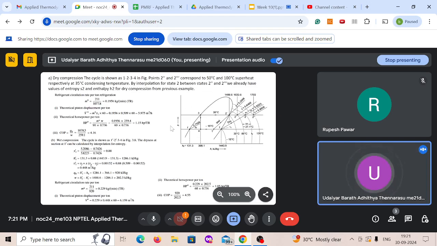So this is the problem. We are assuming two cases. One is dry compression and other is wet compression. So dry compression is like this: 1, 2, 3, 4, and wet compression is you are passing two phase into the compressor. So 1 dash, 2 dash, 3 and 4.